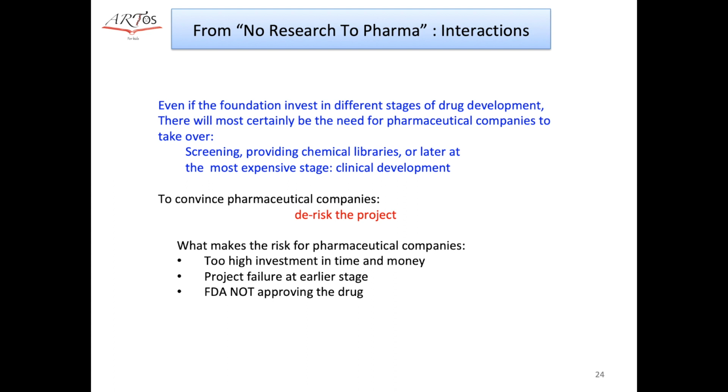To convince the pharmaceutical companies to join and invest in your project, you need to de-risk the project. What makes the risk for a pharmaceutical company too high is the investment in time and money, project failure at an early stage, and of course, the FDA not approving the drug. So how can we tackle that?